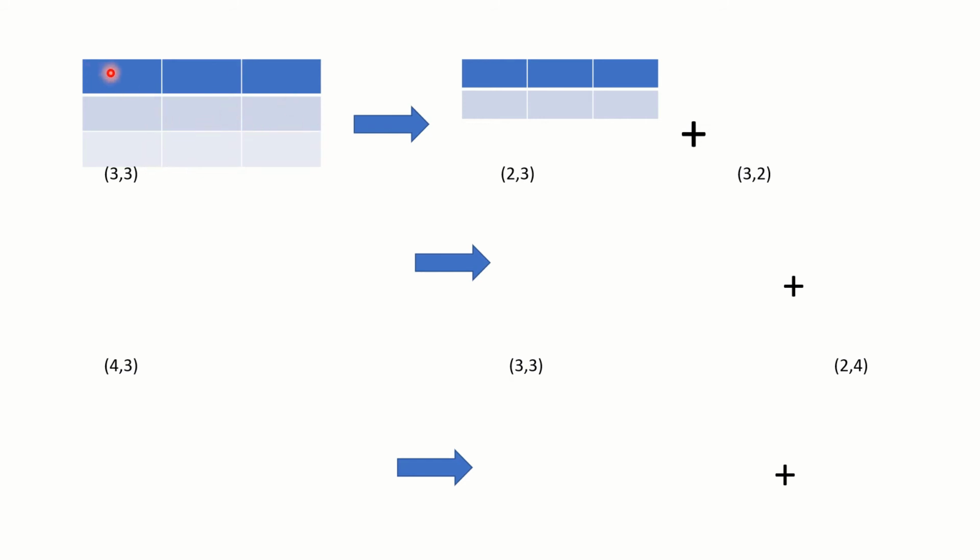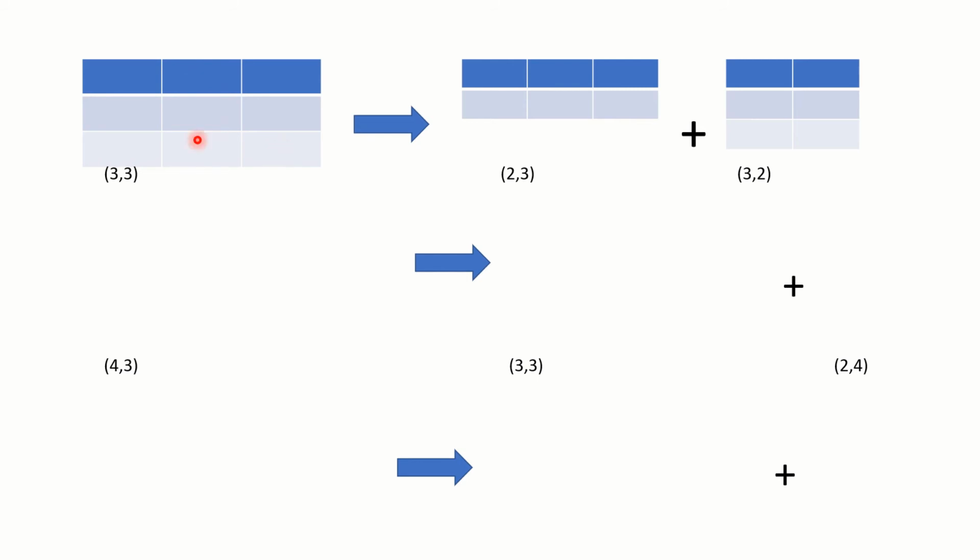So if I move here, I get 3 comma 2. If I move here, I get 2 comma 3. Earlier I discussed 2 comma 3: how many unique ways? Not 6 ways, that is 3 ways only. 3 comma 2 also has 3 ways. Total 6 ways are there in the 3 comma 3 grid to move from the starting block to the ending block.